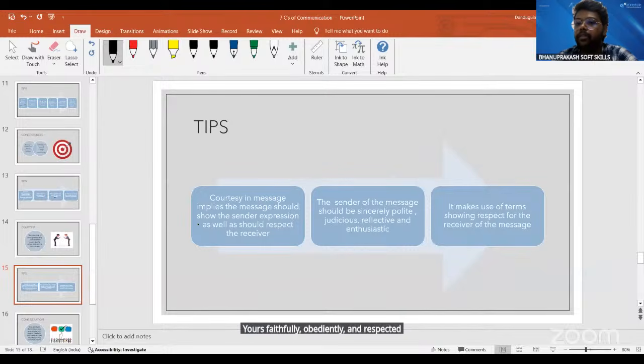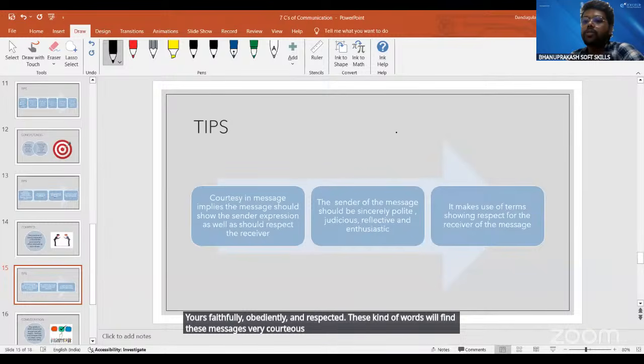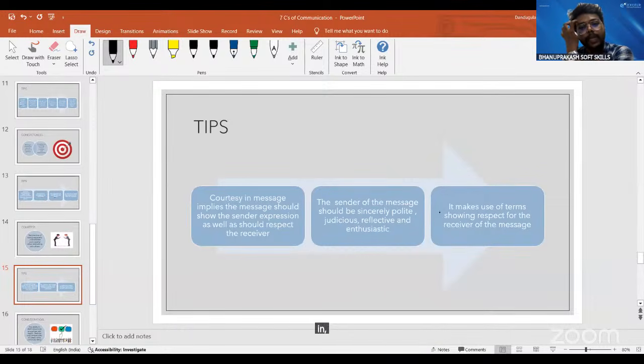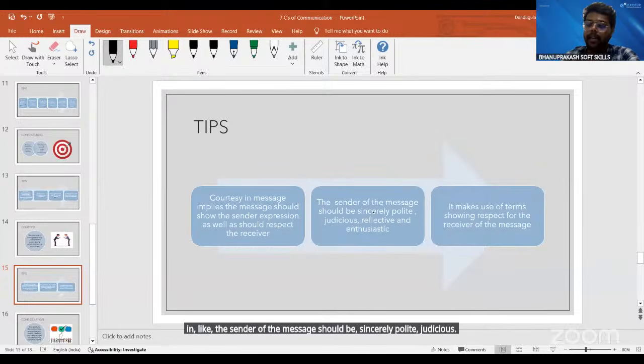These kinds of words make the messages very courteous. So you have to use those kinds of words, particularly during written communication. The sender of the message should be sincerely polite, judicious in the sense that you have to show equality, and reflective and enthusiastic too.